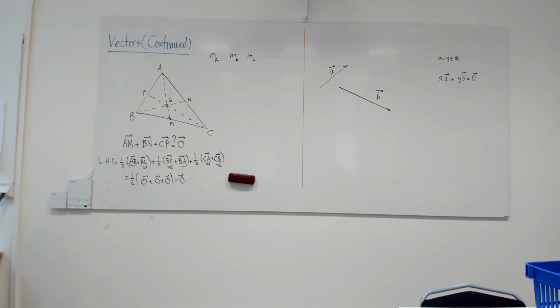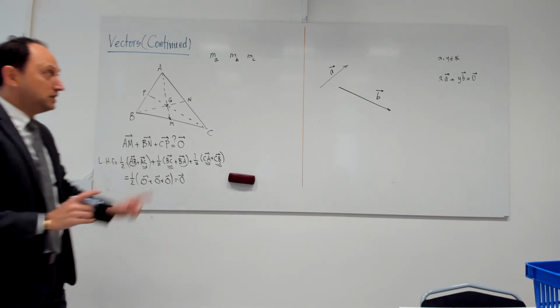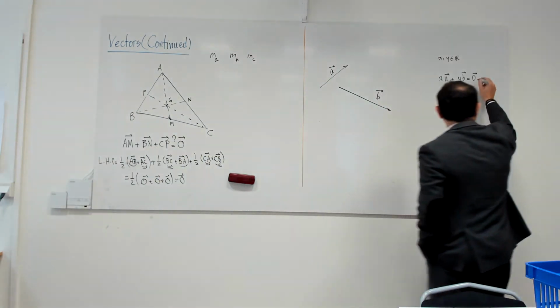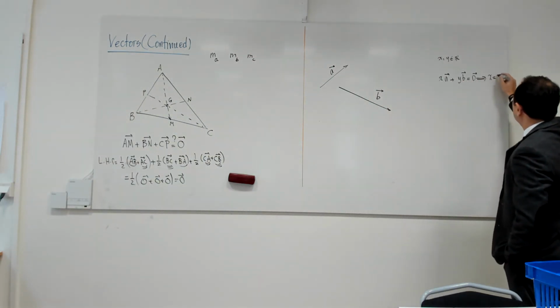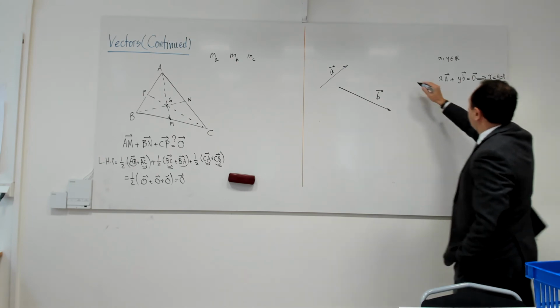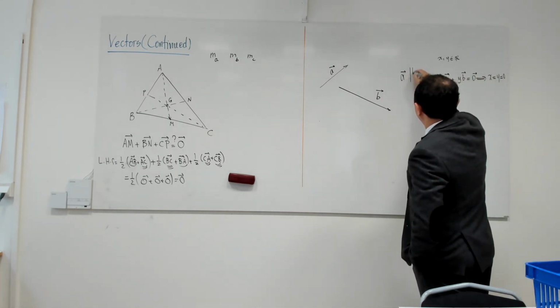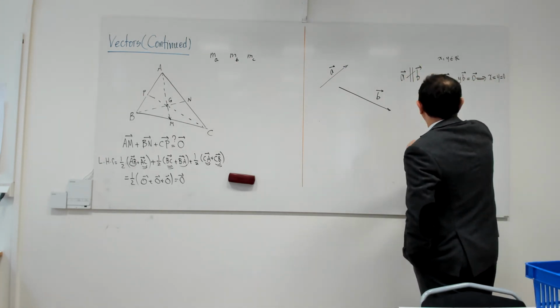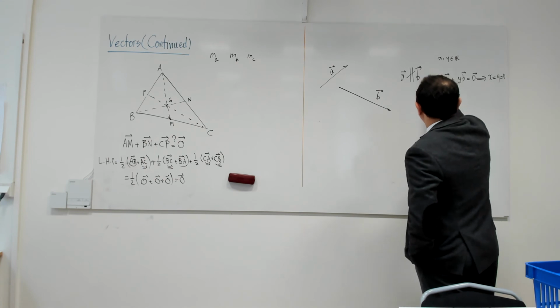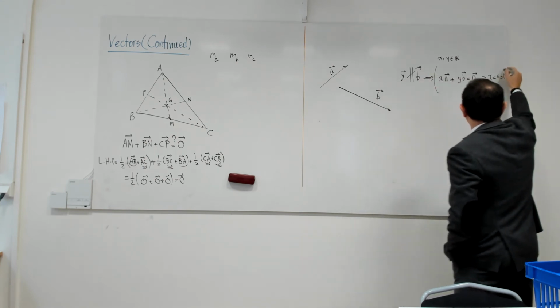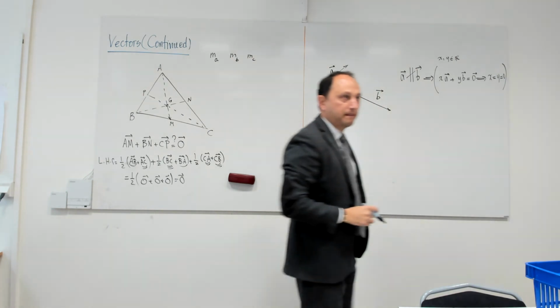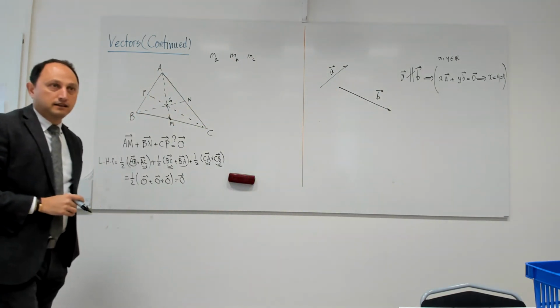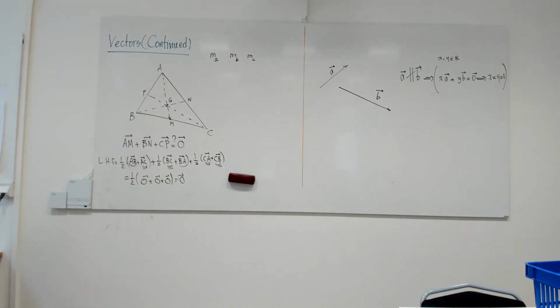Yes? 0. Exactly. Can you tell me why? Because both of them have to be equal to 0. It's very, very important. So let me just write this one for you here: 0 times any vector is the zero vector, and then that becomes that.